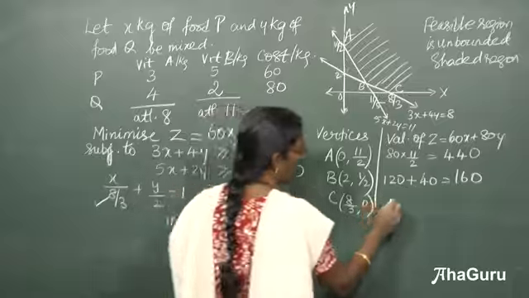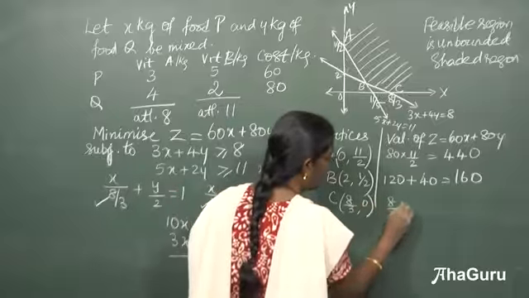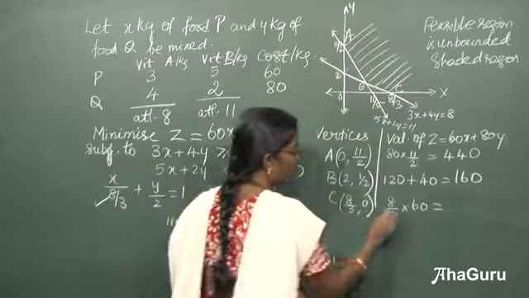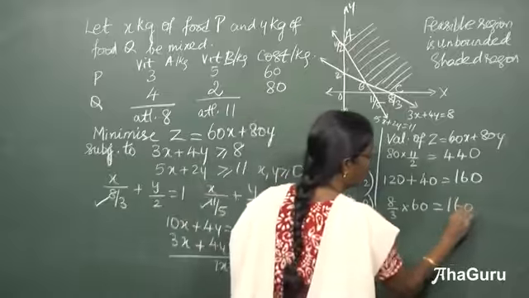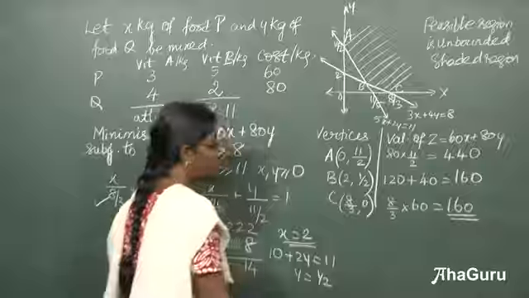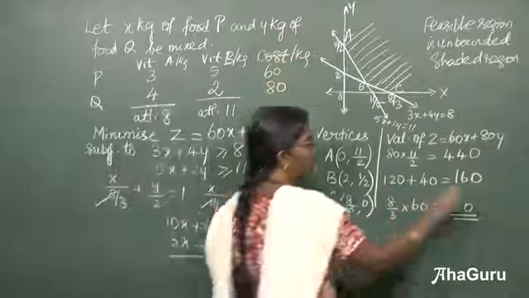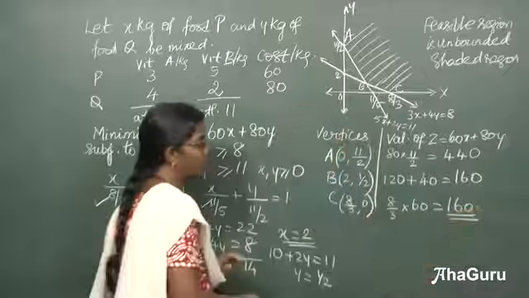The third one will be 8 by 3 into 60, so this value will also be equal to 160, right? Now for both we get it to be equal to 160, right?